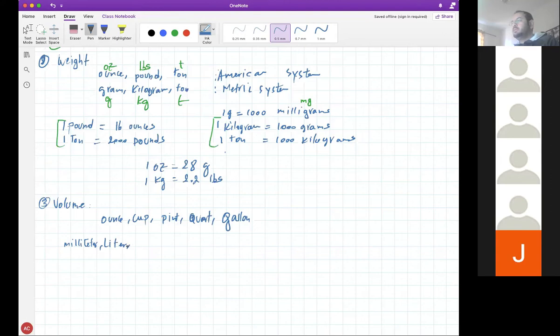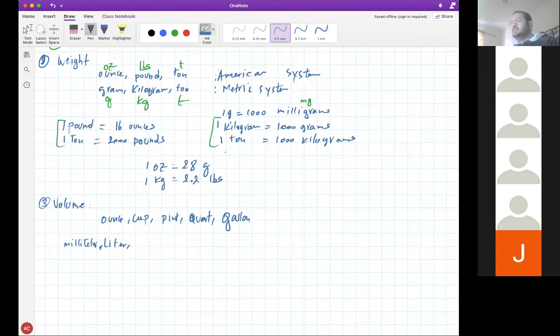But this is the basic one, the liters, milliliters. That's about it. The main one is the base unit, liters, and you can divide it into smaller units, and you can make it into even bigger units.